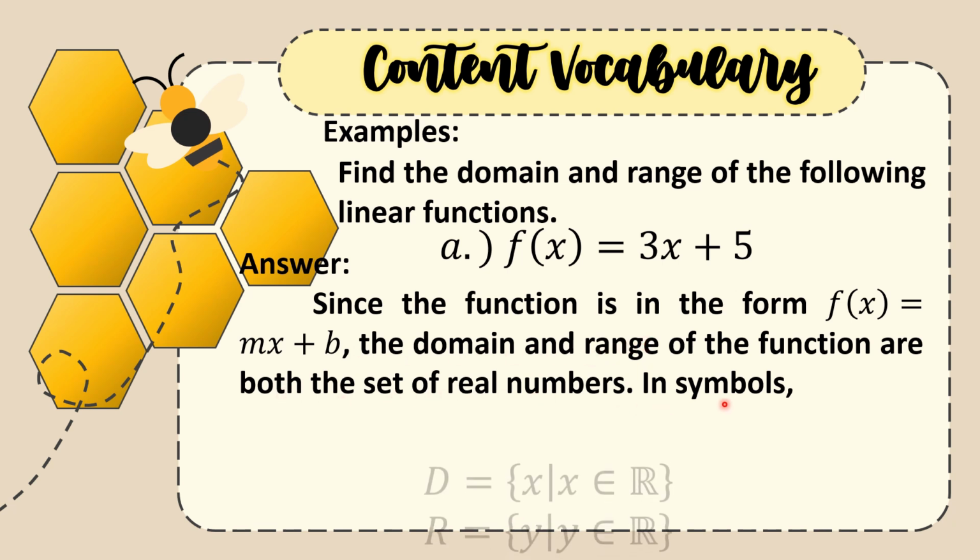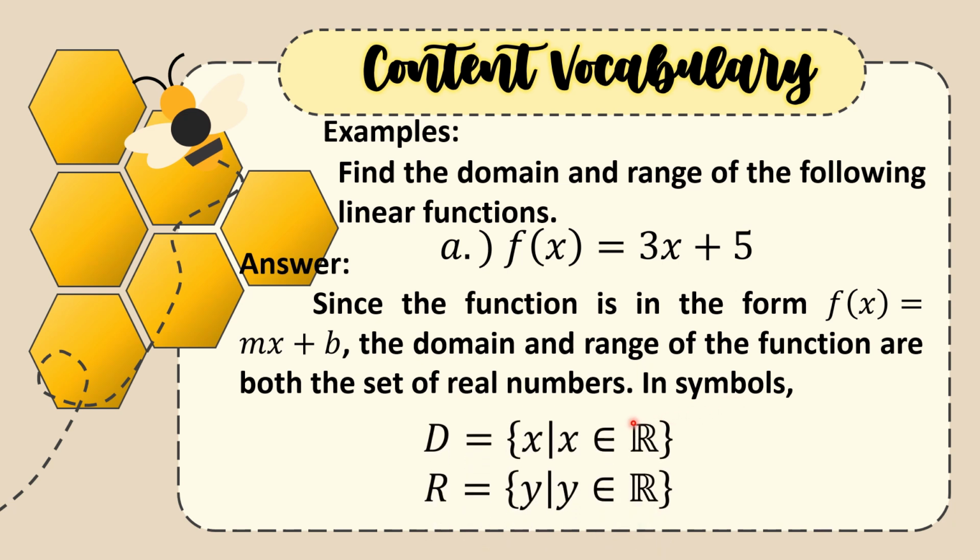So in symbols, the domain of the function is the set of all x such that x is an element of the set of real numbers, and the range of the function is the set of all y such that y is an element of the set of real numbers.